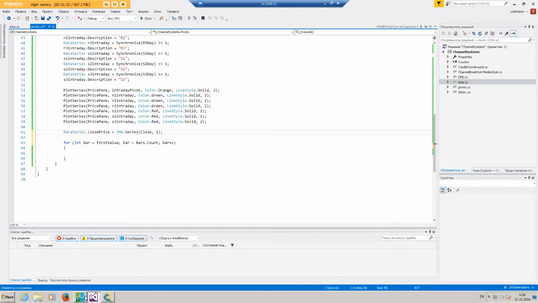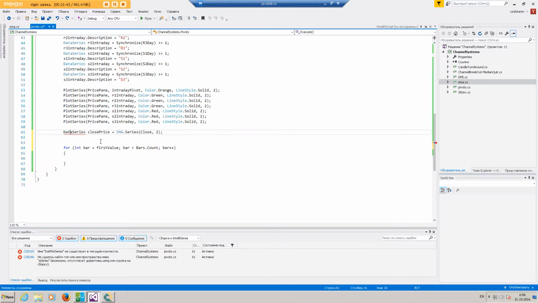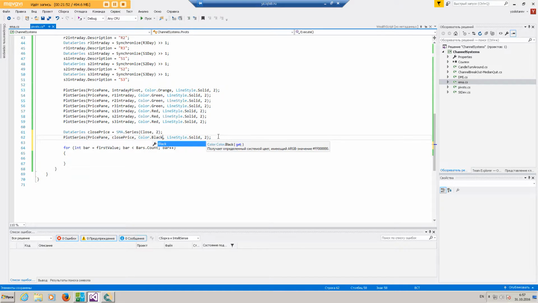So that's just gonna give me the closing price, right? I usually make it black. Okay, and now I can use it as a crossover, right?